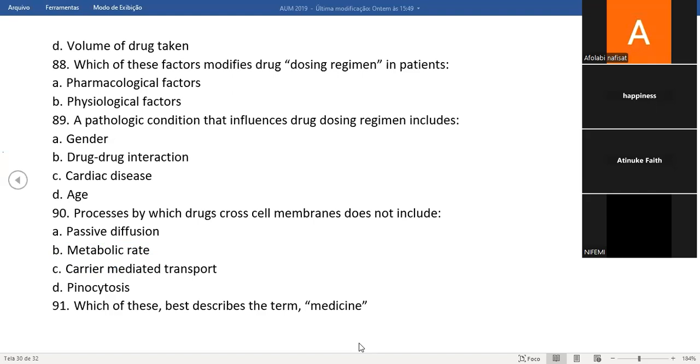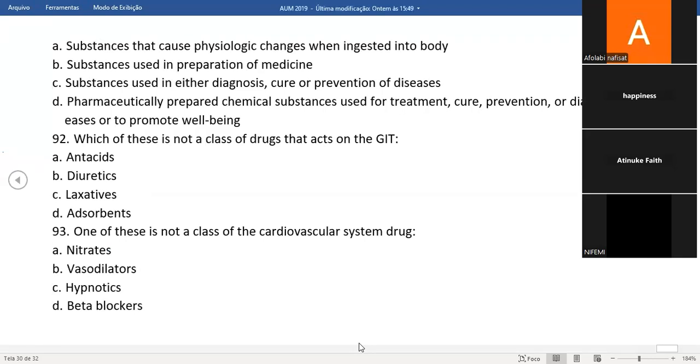Which of these best describes the term medicine? We have done this before, so what's the answer? C. D. So what's the difference between D and C?